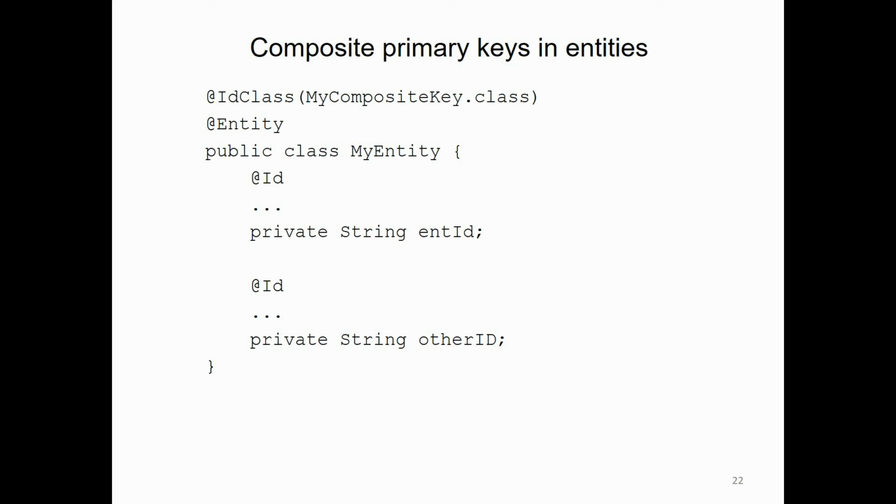So that tells the persistence manager that to represent the composite key, it needs to use an instance of myCompositeKey. As well as using that composite key class, we still have within the entity class the individual fields that link to those individual columns that form the composite key.